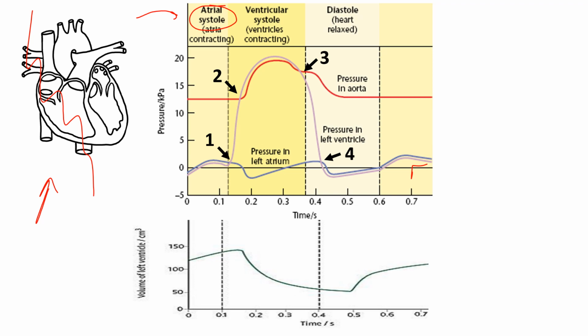Systole means contracting, so this is where the atria are contracting. As the atria contract, the volume in the atria decreases, and therefore the pressure increases.